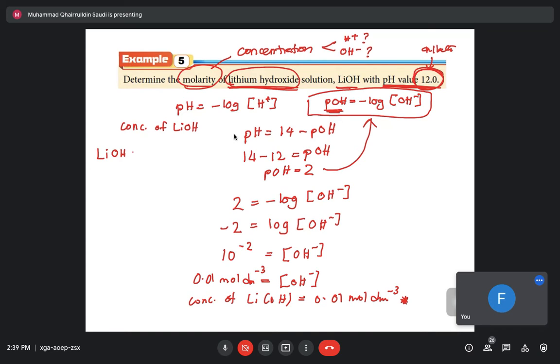Lithium hydroxide akan ionize into lithium ions and hydroxide ions. Kita tahu one molecule of lithium hydroxide akan produce one molecule of hydroxide ions. So kalau kita dah dapat 0.01 mol per dm cube untuk concentration of hydroxide ions, so samalah dengan concentration of lithium hydroxide. Boleh faham?